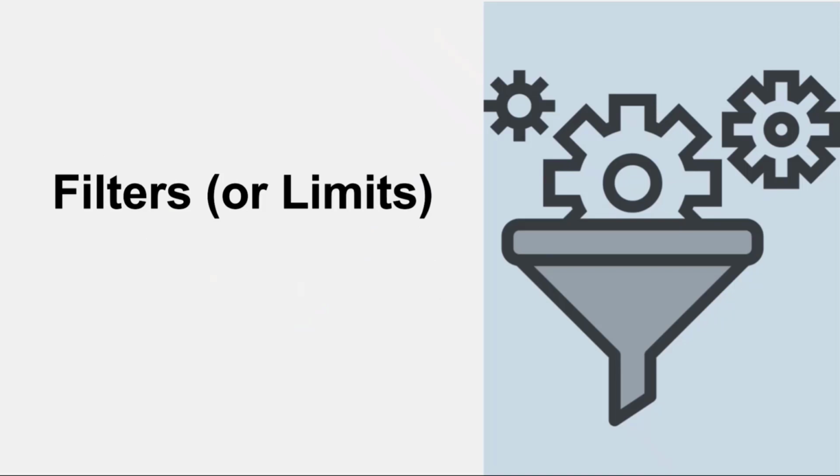Finally, we are going to be showing you filters. Filters are tools that are built into most databases that help you focus your results to the kinds of articles that are most likely to be most helpful to you.